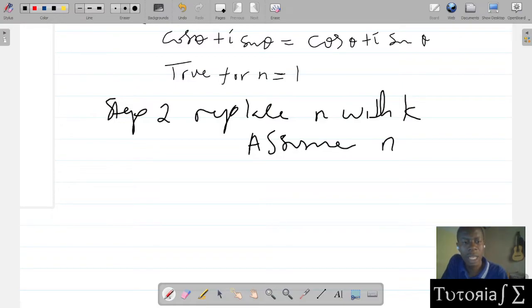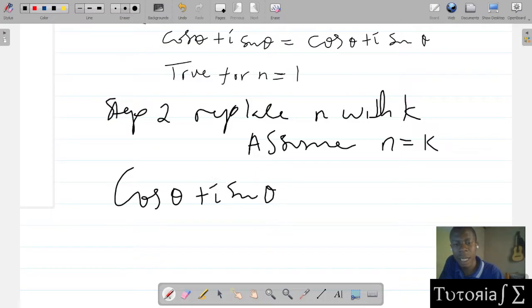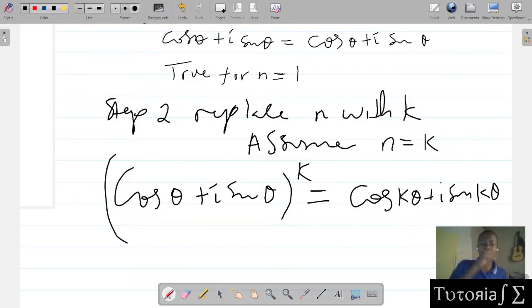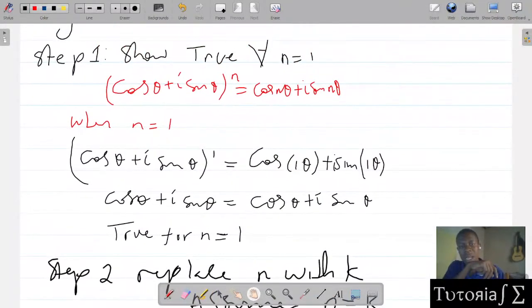So we have cos theta plus I sine theta to the power k is equal to cos k theta plus I sine k theta. As you can see, where there was n, we've just replaced it with k.